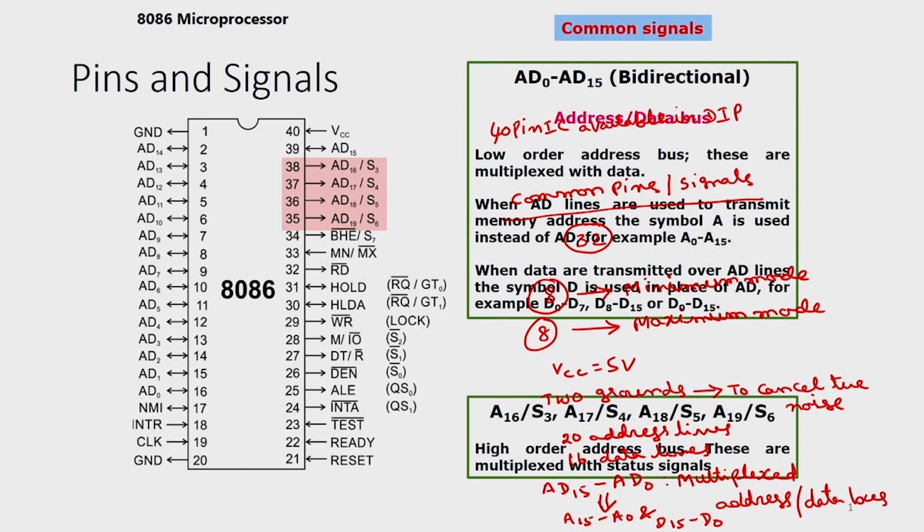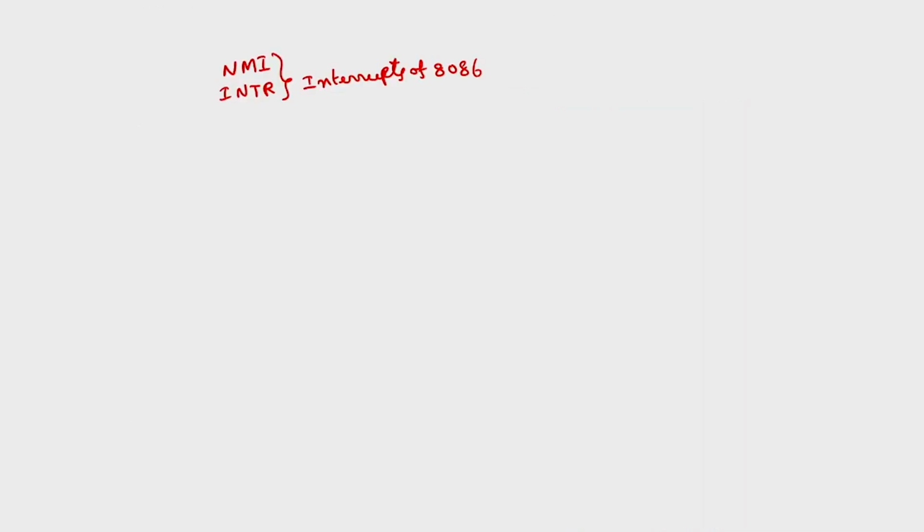And ground we have already discussed, and VCC. AD16 and AD15 are part of AD. Then coming to the status signals, we have discussed the address data bus. The status signals here are S3, S4, S5, S6. What is the function of S3 to S6? The status signals S3 to S6 are multiplexed with address lines.